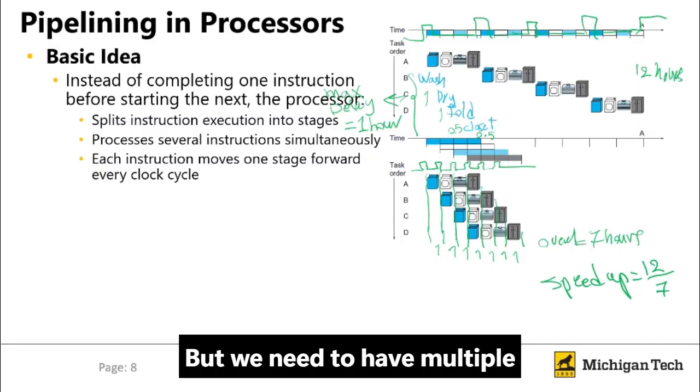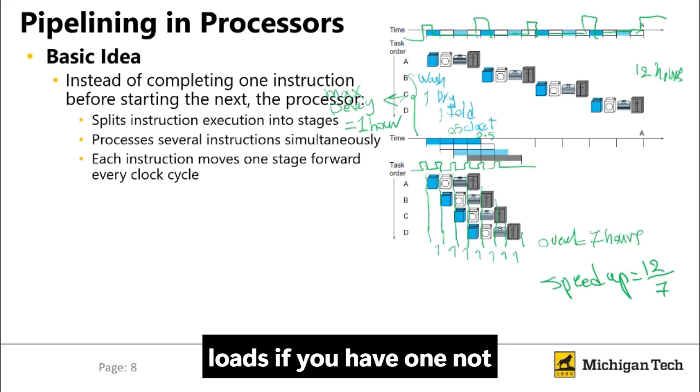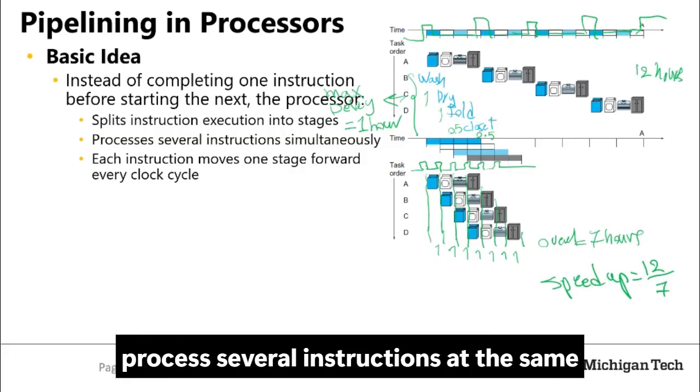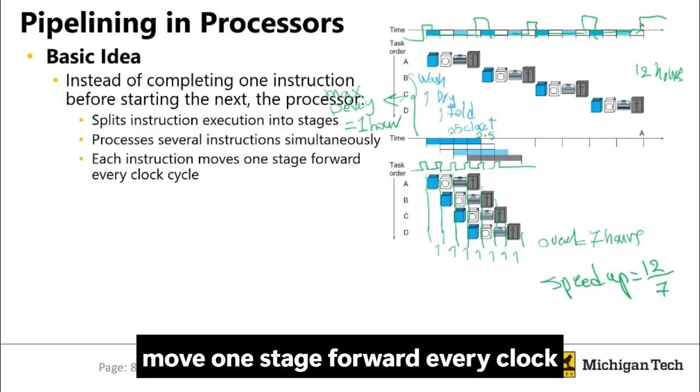But we need to have multiple instructions, multiple loads. If you have only one, it doesn't make sense. So we need to process several instructions at the same time, simultaneously, and each instruction moves one stage forward every clock cycle.